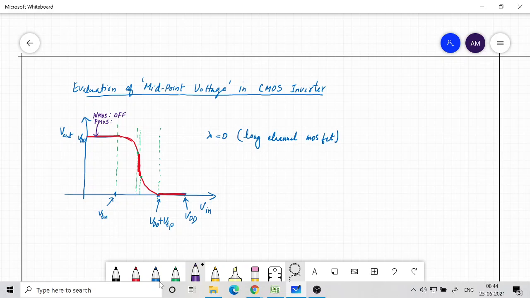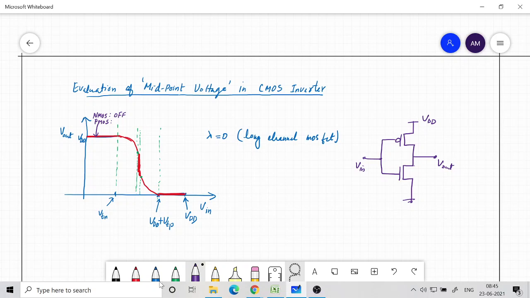So let me draw the circuit once again. So here is our input V in, and it is our output. Here is VDD. So we are talking about very small values of input voltage.